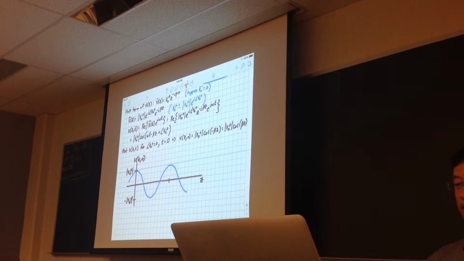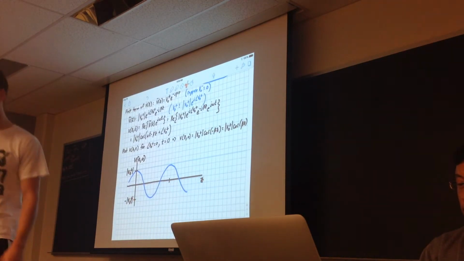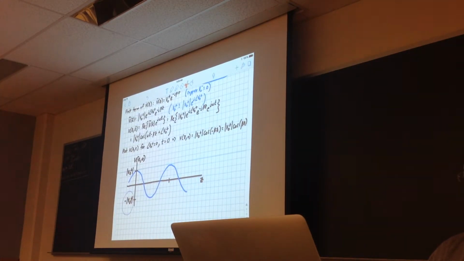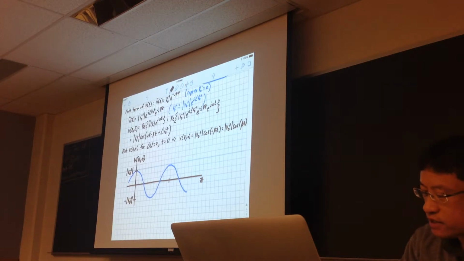And so physically, the magnitude of V0 plus represents the height of this wave. The magnitude of that V0 plus constant appears in front of the cosine, and that is the amplitude of the wave. The lowest value of the wave is minus the magnitude of V0 plus. And the wave, as we would expect, is periodic. So this wave repeats.